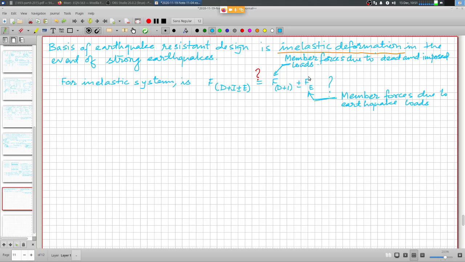So how justified is it? Obviously, it is a nonlinear system, so this superposition as implied by this summation is obviously invalid. So for nonlinear systems, superposition is invalid.